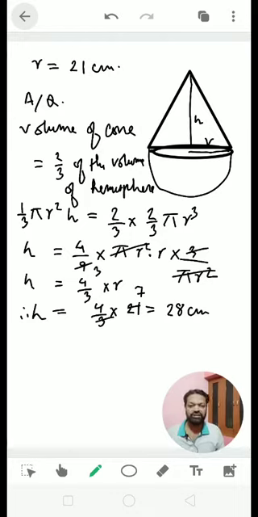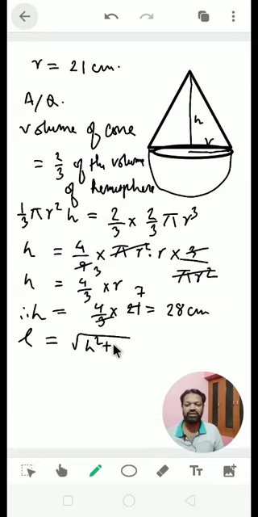To calculate the CSA of a cone, we need L, that is slant height. So to find the slant height of the cone, we have to use this formula, h square plus r square. So what are the values? Values are 28 square plus 21 square.